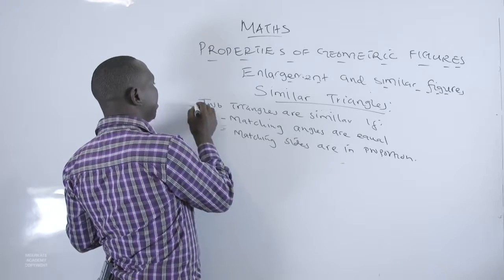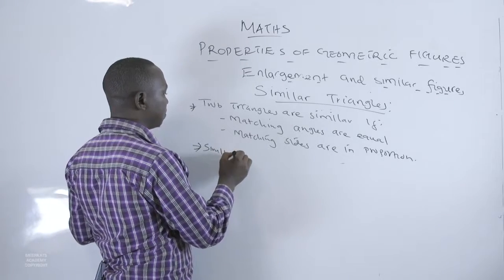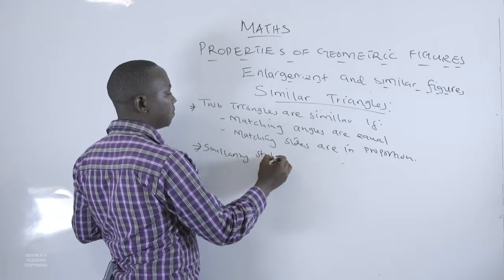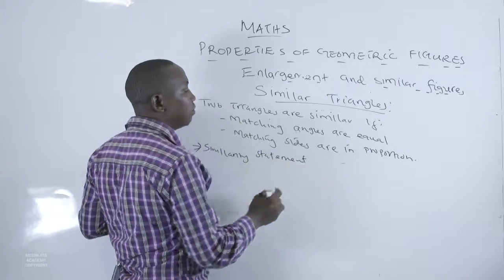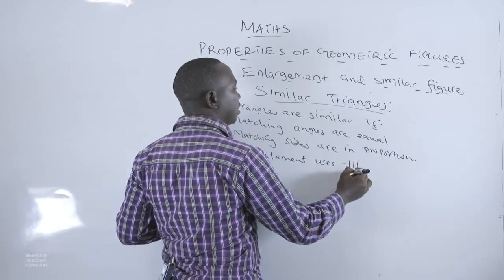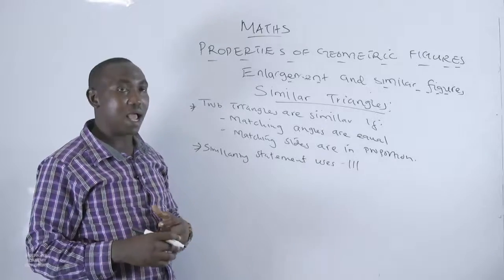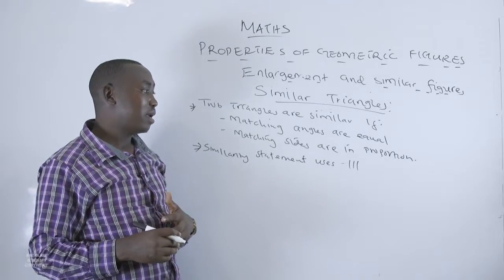The similarity statement still remains. The similarity statement still uses the three strokes. That is to say, one triangle is similar to the other one.